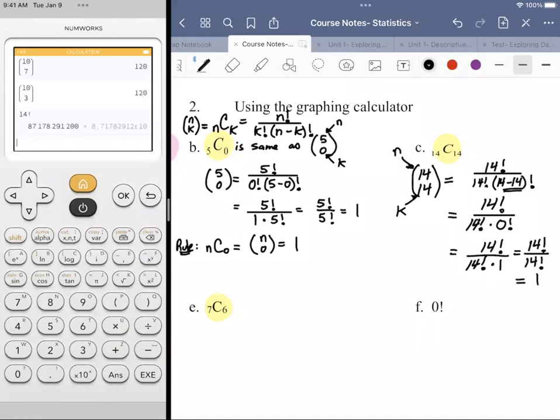Anything divided by itself is equal to 1. So you get another rule. If the number before and after the combination notation, whether you're using the C notation or the bracket notation, is the same, the result is equal to 1 also.